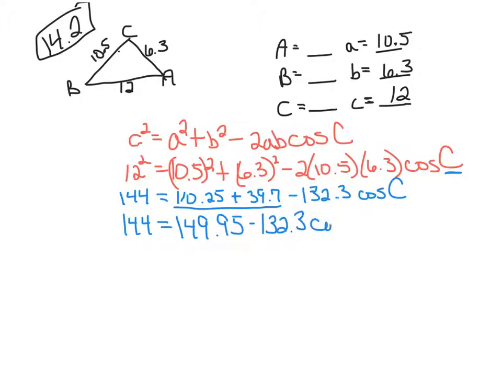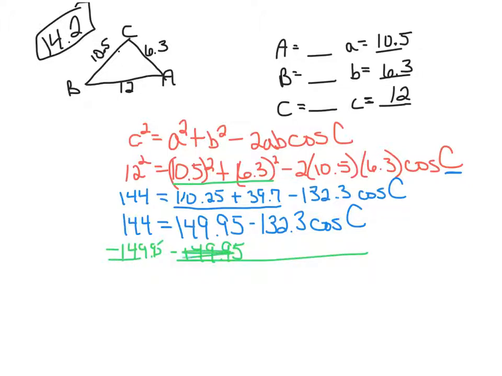132.3 cosine C. Now I'm taking each step, and you don't necessarily have to do that. You could have added these two together just the way they are, 10.5 squared plus 6.3 squared, and gotten that 149.95. Now I'm going to subtract 149.95 from both sides.